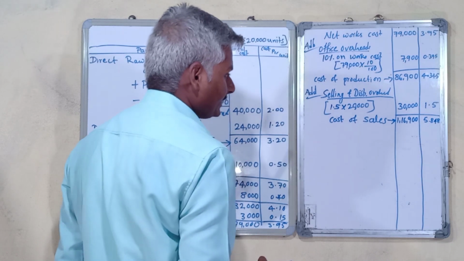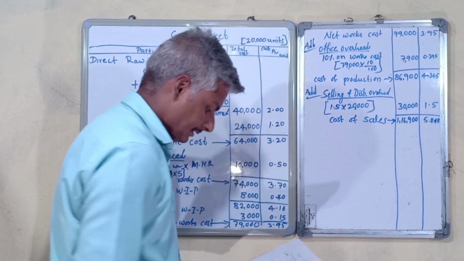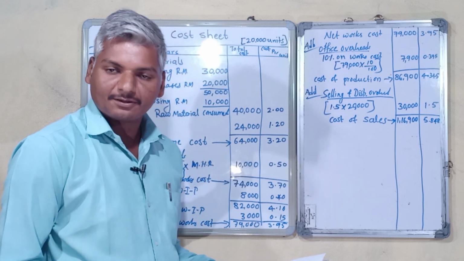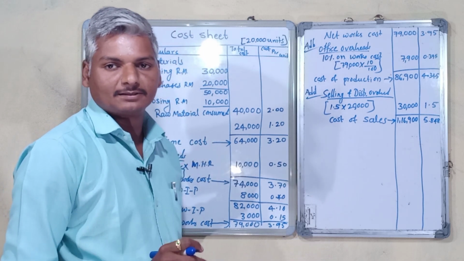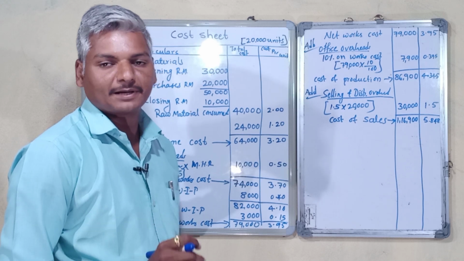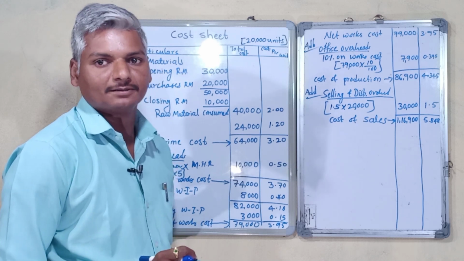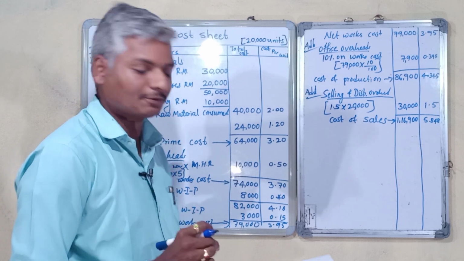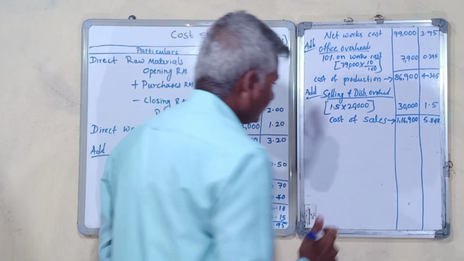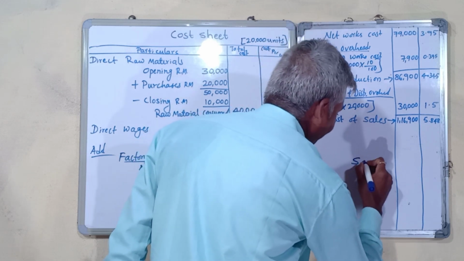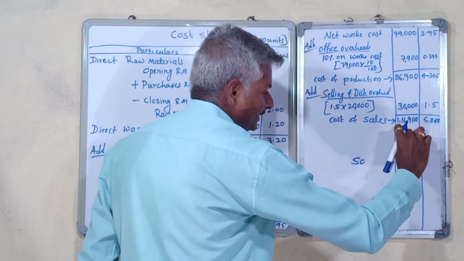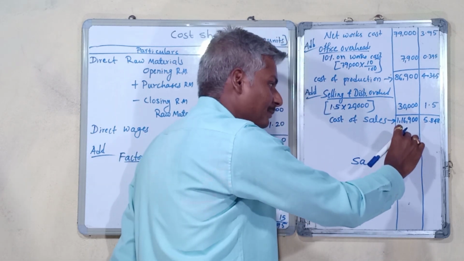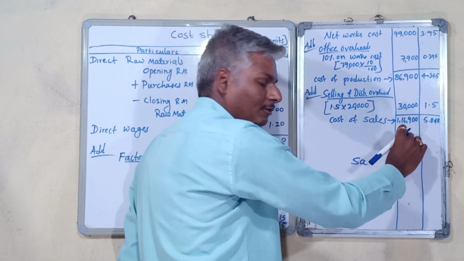Then here they have not given sales, but they have given the selling price per unit, that is 6 rupees per unit. That is what we have sold in total. I will leave one line here for the balancing figure. It may be a profit or it may be a loss.